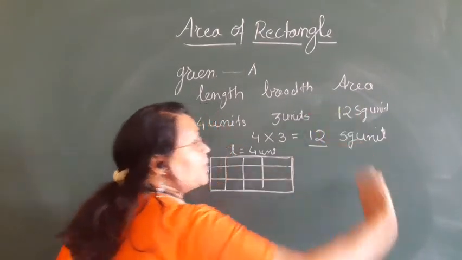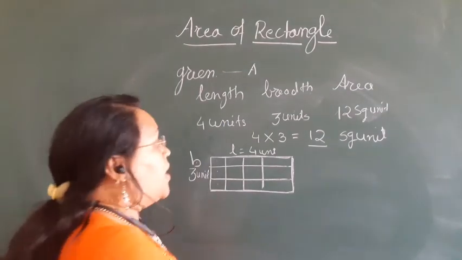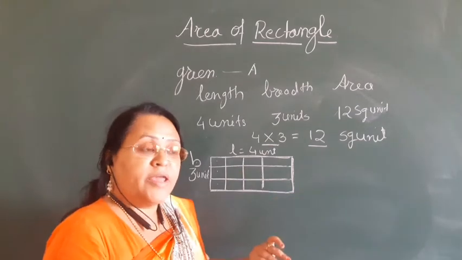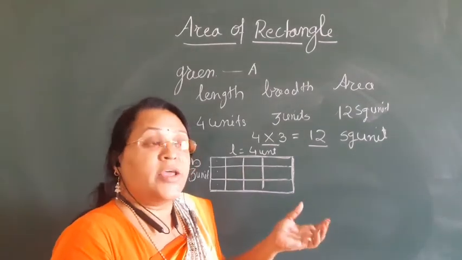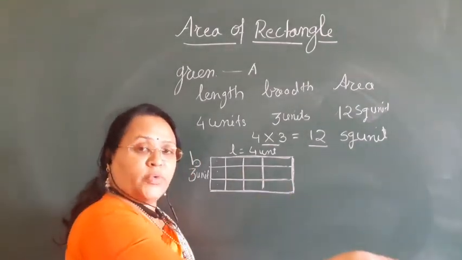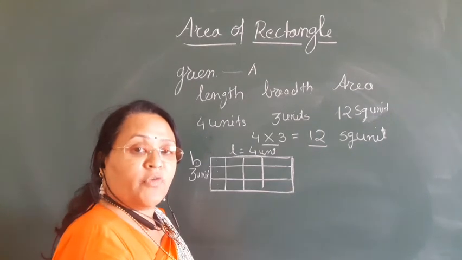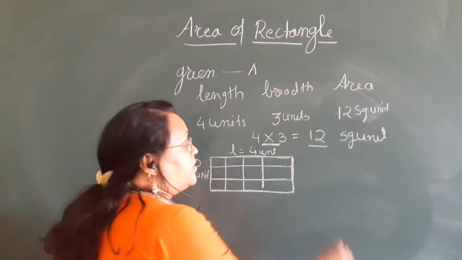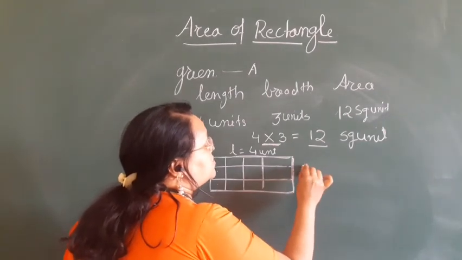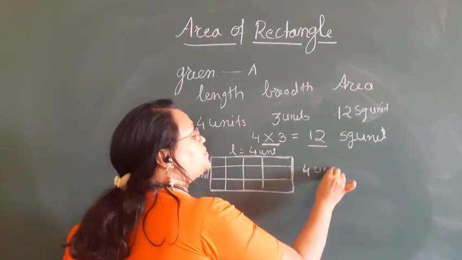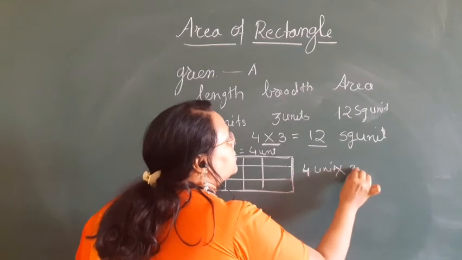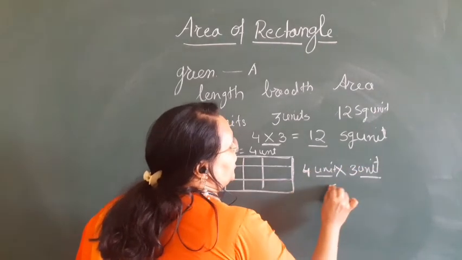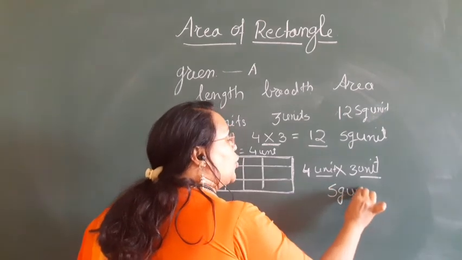Area is always measured in square units because we are using multiplication here. In perimeter we are using addition, and in addition we can write the unit directly, that is centimeter, meter, whatever it will be. But in area we multiply 4 units by 3 units, so unit into unit becomes a square unit.